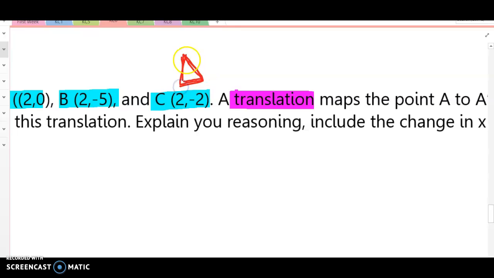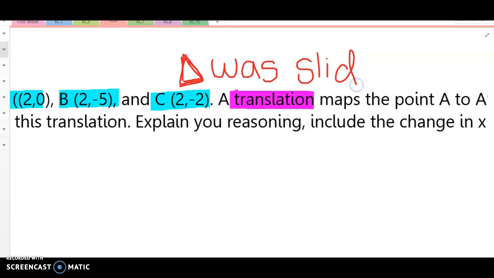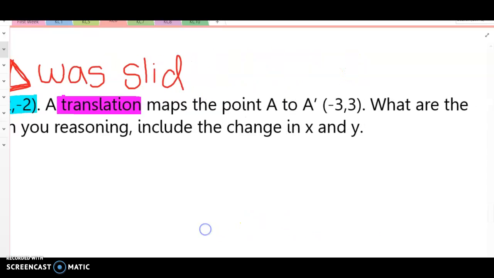Ooh, that doesn't look like a triangle. Wow, that whole word was, there we go, slid.